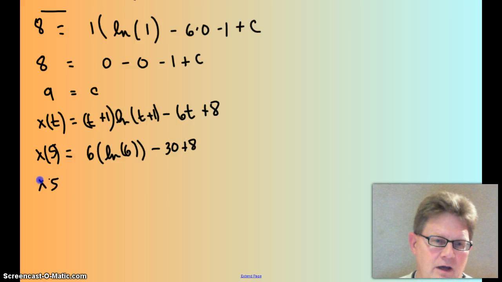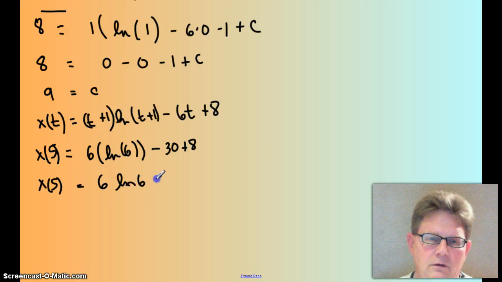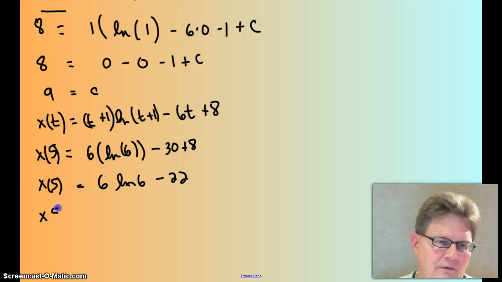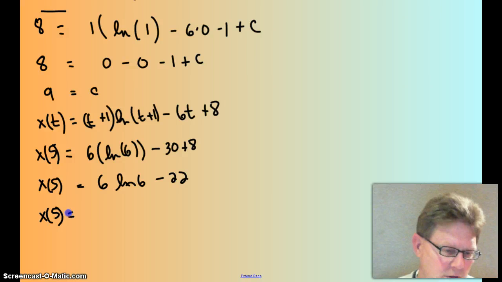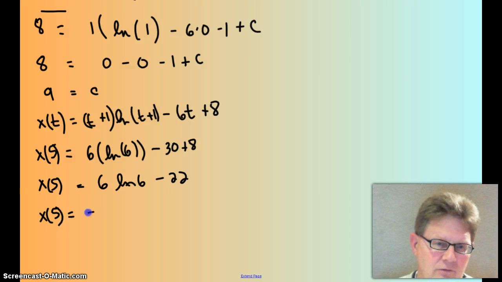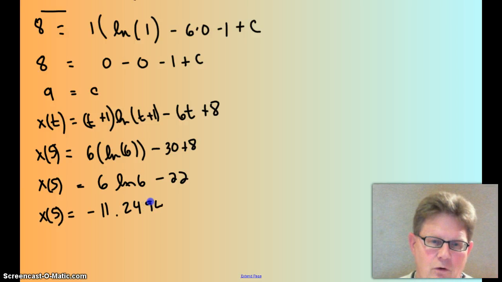So x of 5 equals 6 ln of 6 minus 22. So the position at t equals 5 is negative 11.24944.